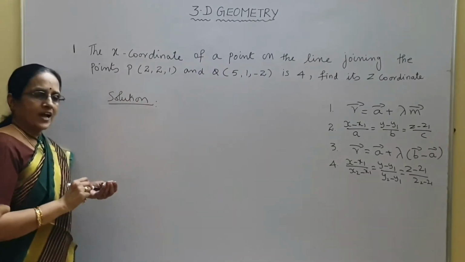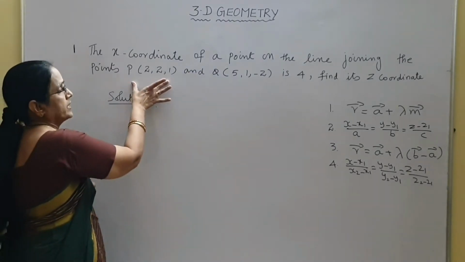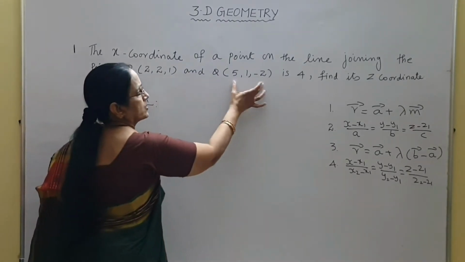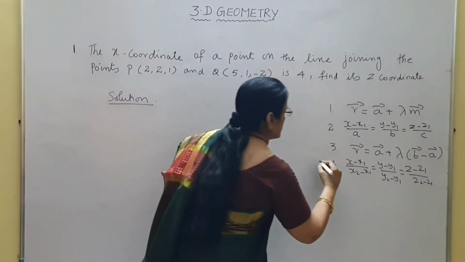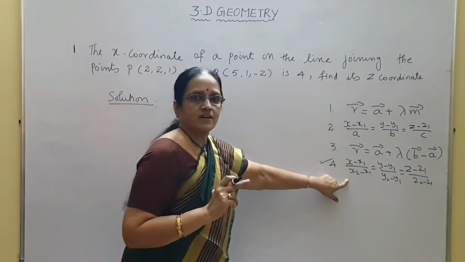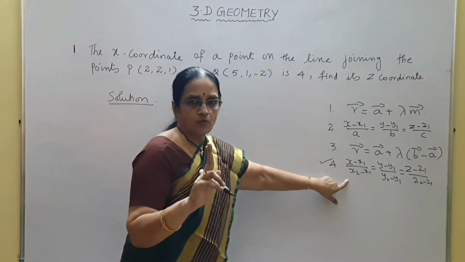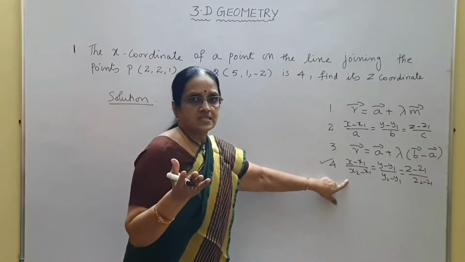First, you need to write the equation of the straight line passing through the point P and the point Q. Immediately, this particular equation should come to your mind, because this is the equation of the line passing through 2 points x1, y1, z1 and x2, y2, z2.